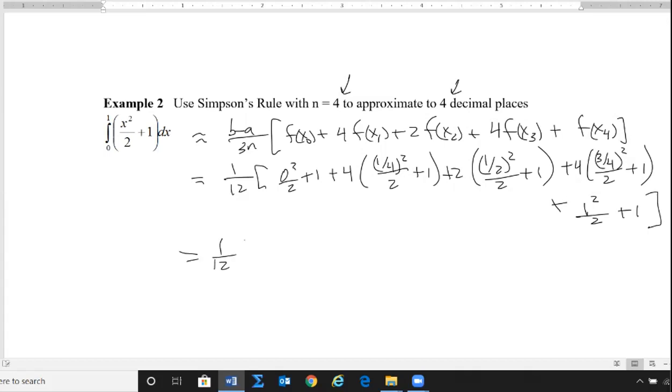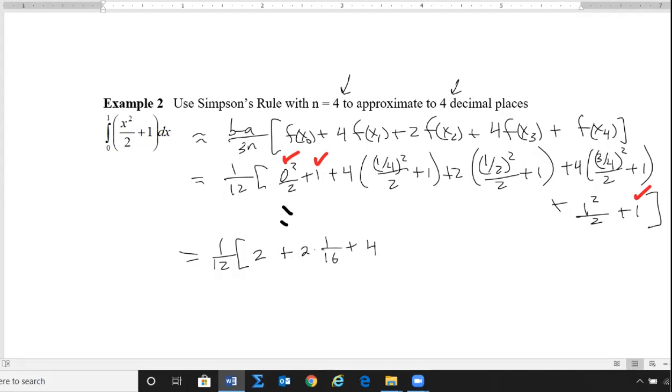All right, so we get 1/12. Let's see, that's a 0, that's a 1, and that's a 1 on the end, so we're going to get a 2, taking care of this and this and this. Okay, and then we're going to have, in here, this will be 4 times that, so we'll have a 2 times this 1/16 plus a 4, expanding here.